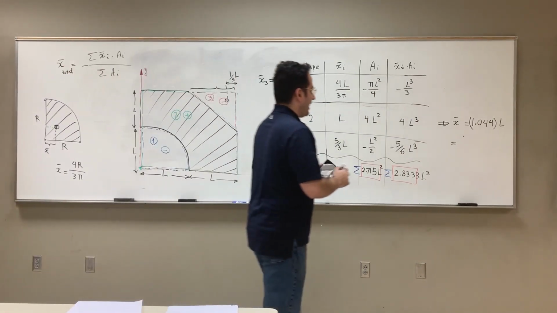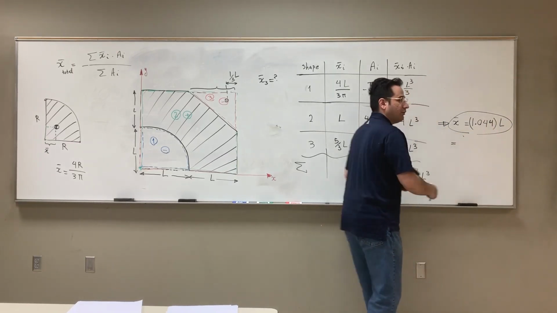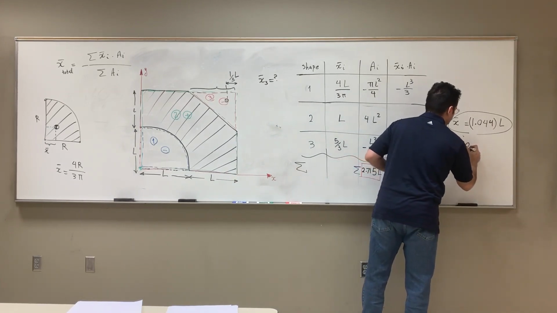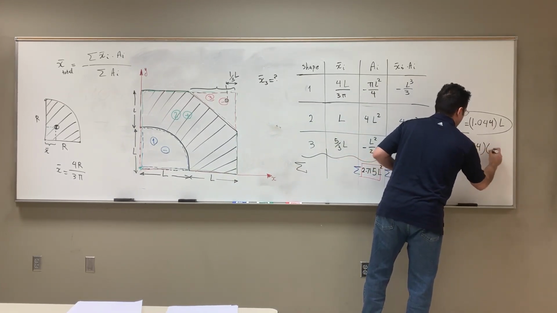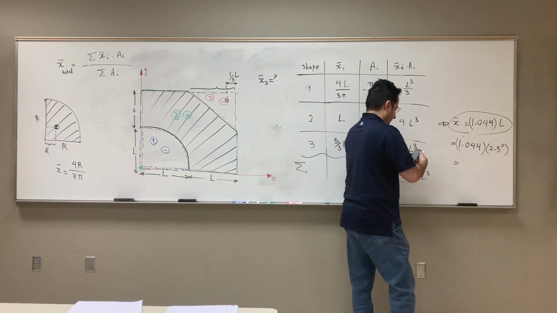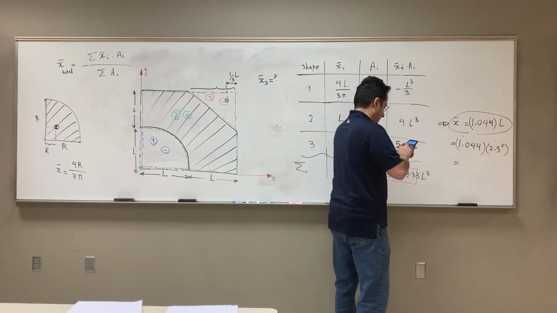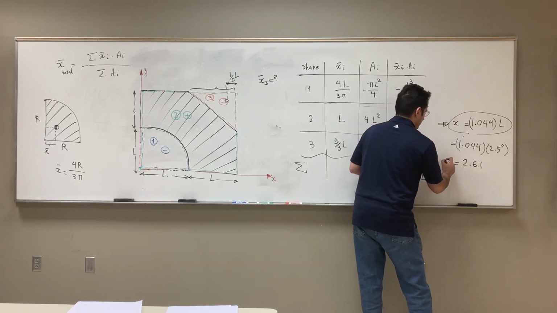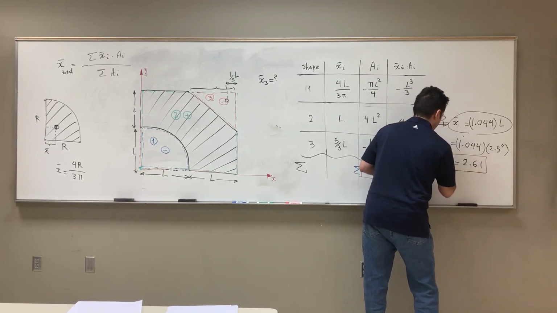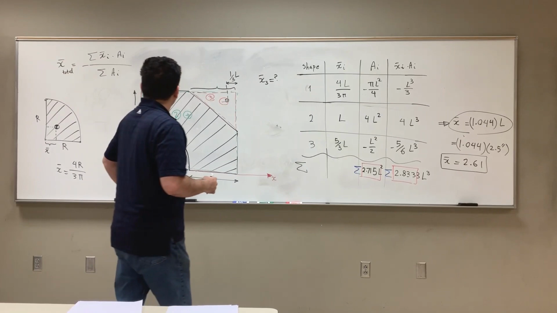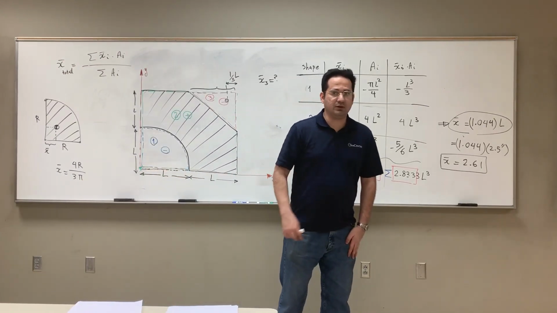The advantage of this is that you solve it parametrically for arbitrary L. But now if you fix it to 2.5, then I get 1.044 times 2.5 inches, which is 2.61. So that's the way you get it.